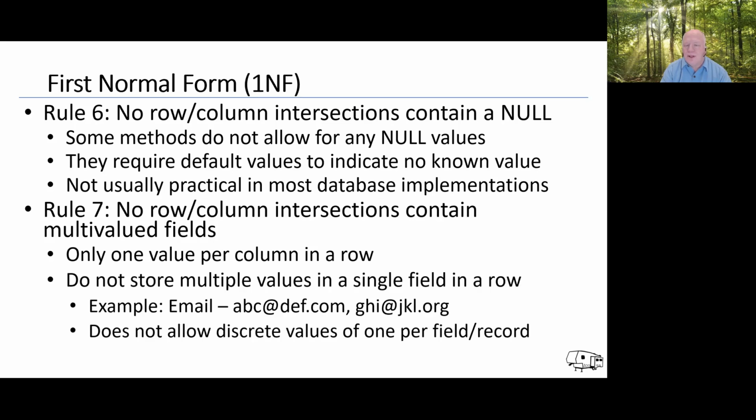So again, for example, with email, if we were to have primary and secondary separated by commas, that just tells us that we can have multiple values and it should be in a separate table, because we really want to have discrete values in one field in a record.